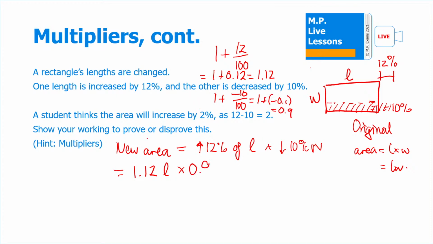So this would be 0.9 times the width. And if we multiply the length and width together, the letters stay the same, but the numbers, it's 1.12 times 0.9. This gets us 1.008.